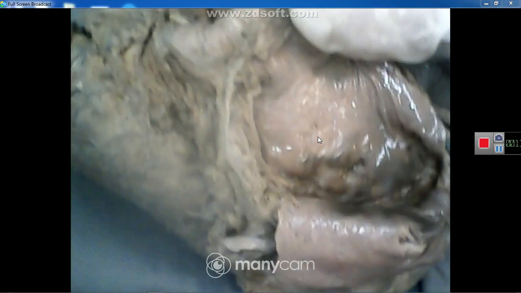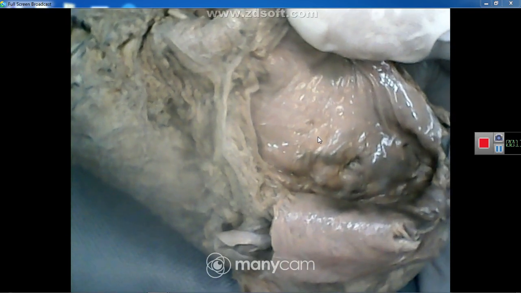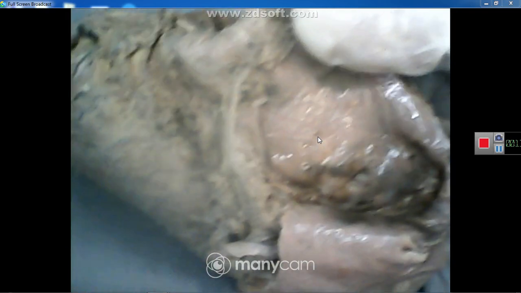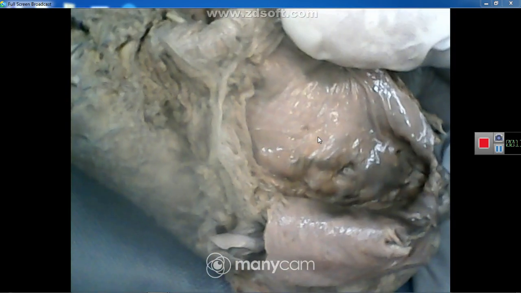Such pits are also seen in the right atrium and seen in all the other chambers. They are called pits of venae cordis minimi, that are small veins draining the walls of the heart. So you can see here some pits.